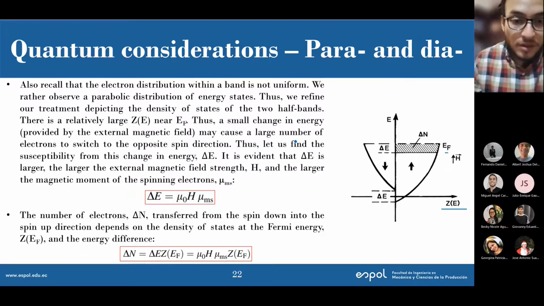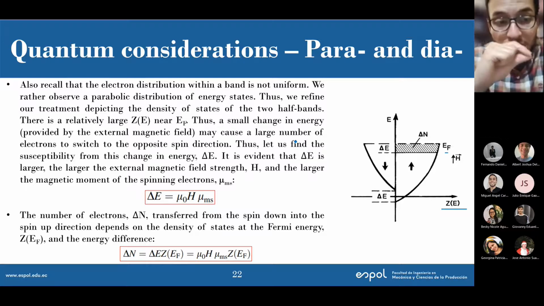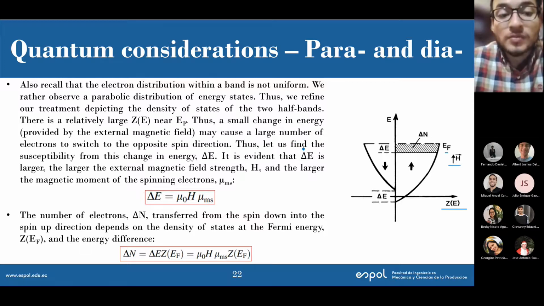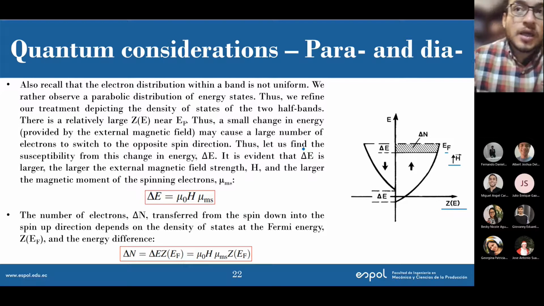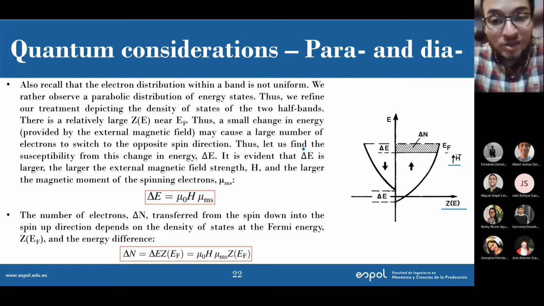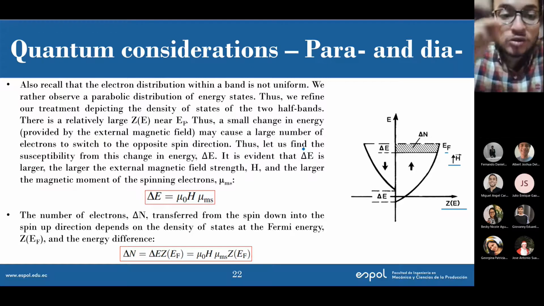Therefore, if I have a small change in energy, which is provided by the external magnetic field that I apply, because I have so many electrons there, that small change in energy may actually cause a large number of electrons to switch to the opposite spin direction.